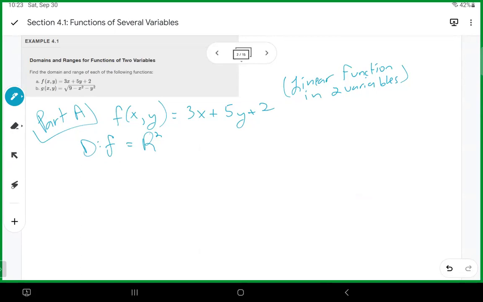We need to find a solution of the equation f of x y equal to z, or in other words, 3x plus 5y plus 2 equal to z.